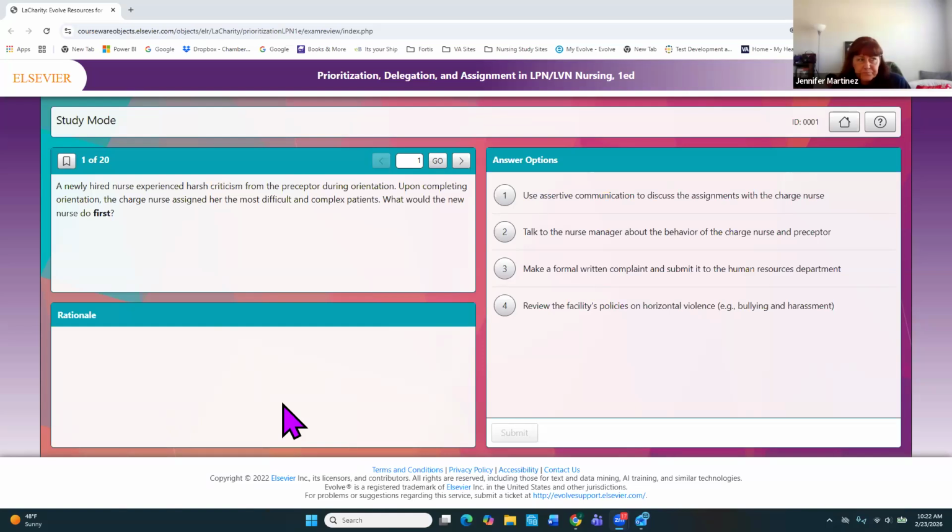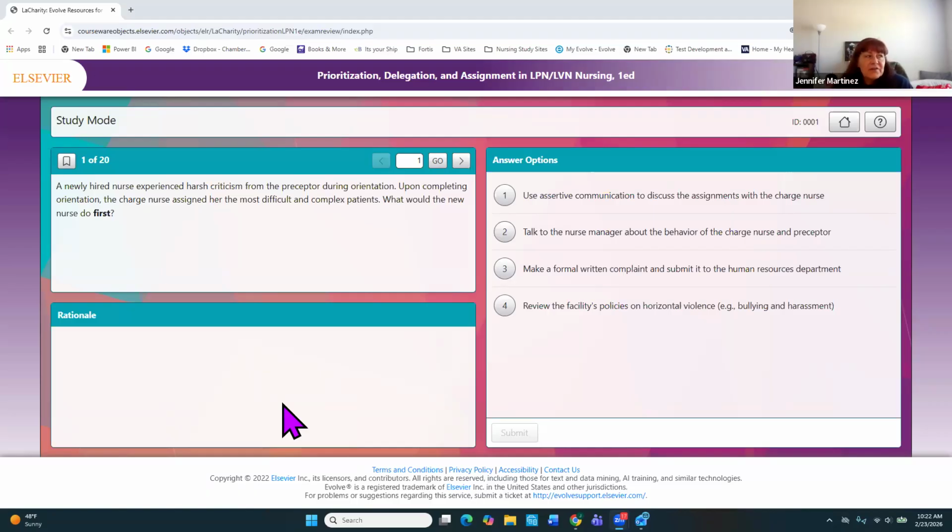One, use assertive communication to discuss the assignments with the charge nurse. Two, talk to the nurse manager about the behavior of the charge nurse and preceptor. Three, make a formal written complaint and submit it to the Human Resources Department. Four, review the facility's policies on horizontal violence, such as bullying and harassment.